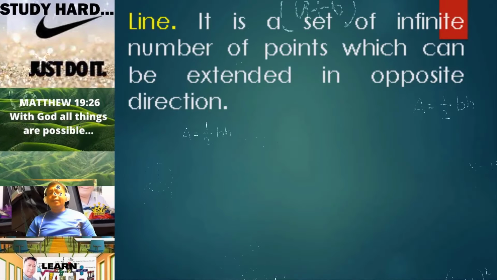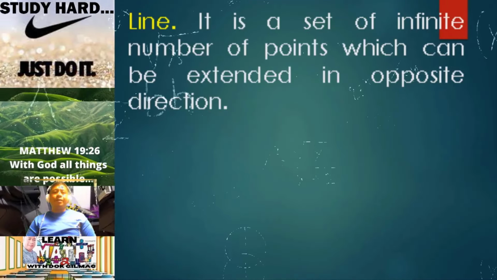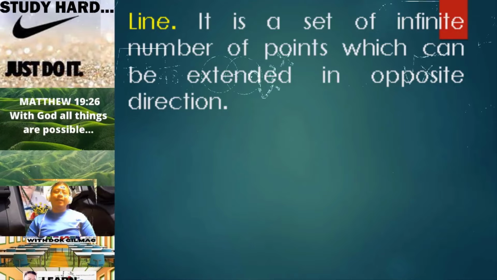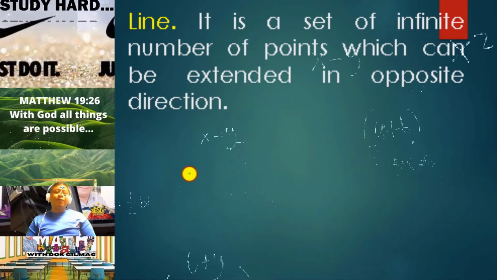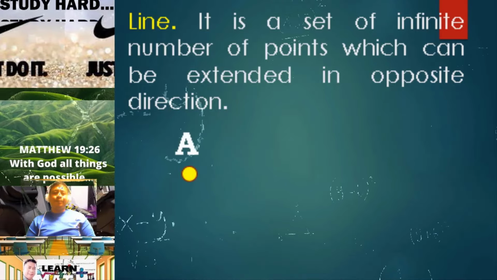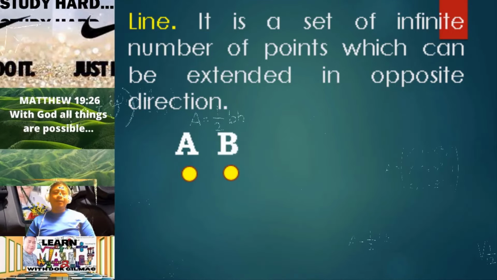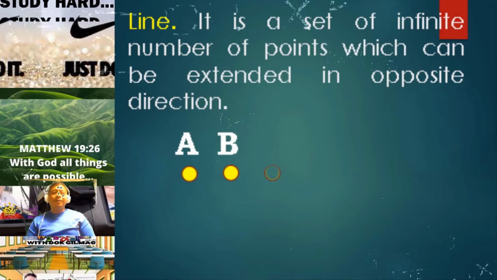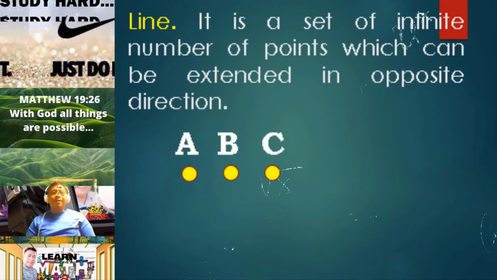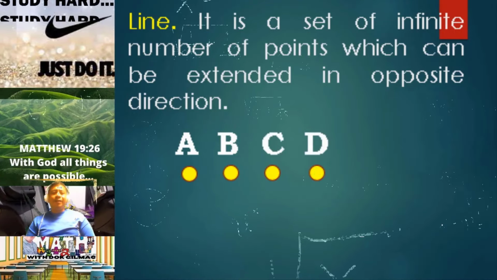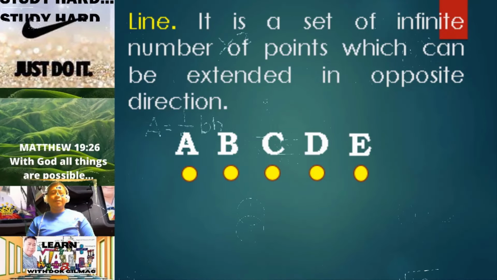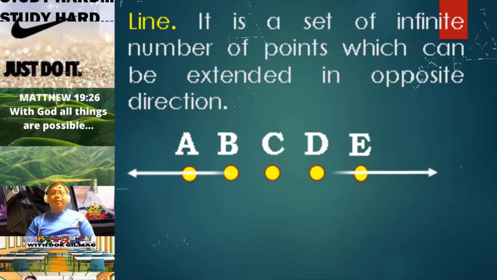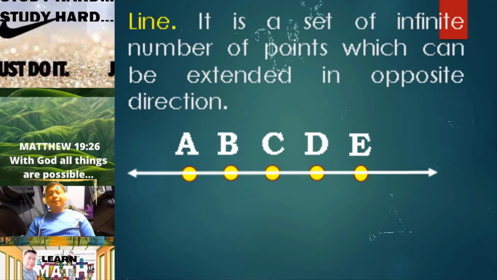Line. It is a set of infinite number of points which can be extended in opposite direction. Consider the sets of points here. Point A, point B, and we have point C, point D, and point E. Connecting these points here, we form a line.